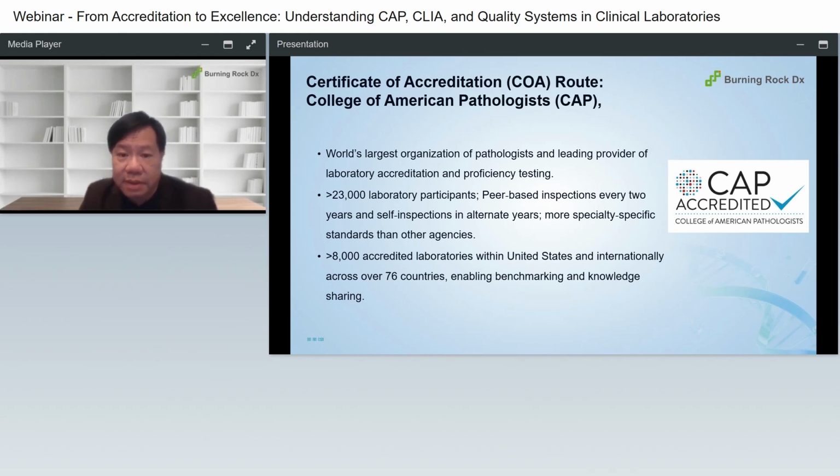Over 23,000 laboratories participate, with peer review inspections every 2 years and a self-inspection in the alternate year. In the U.S., there are about 8,000 accredited labs, and also internationally across 76 countries. So that's the number of labs this accreditation is overseeing.